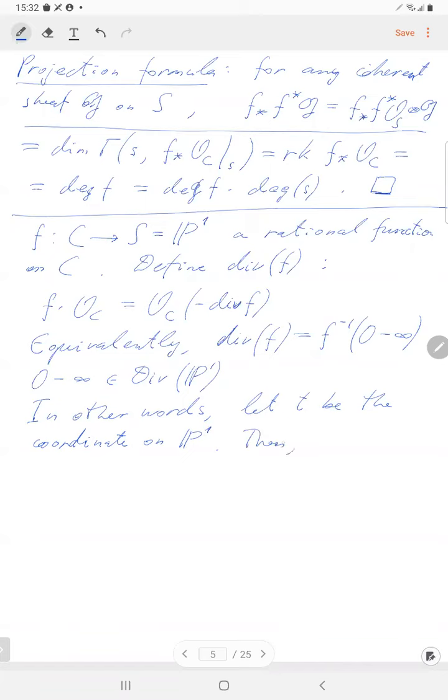Then, according to the first definition, the divisor of t is really 0 minus infinity. And now the pullback of the divisor of this coordinate function is the divisor of f.